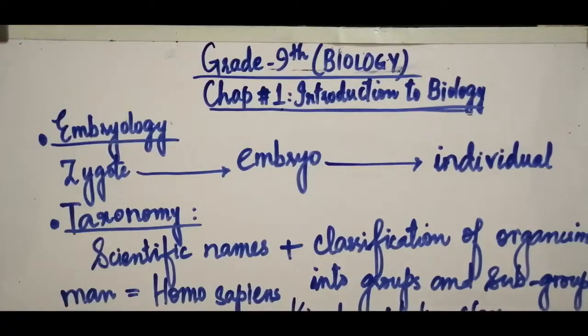So here we can say that taxonomy is not only documenting the scientific name of living organisms, but also it classifies the organisms into groups and subgroups.